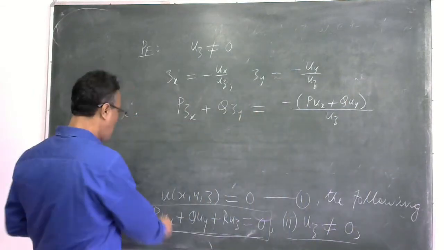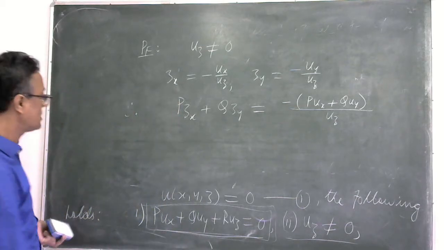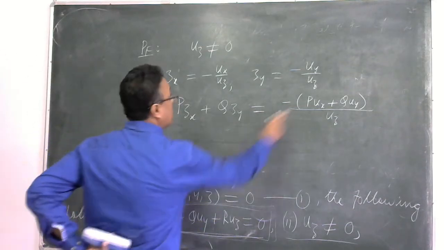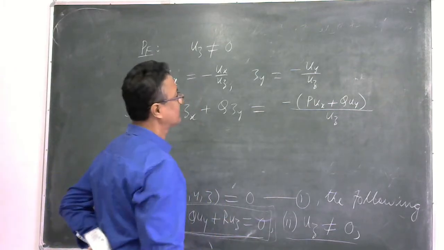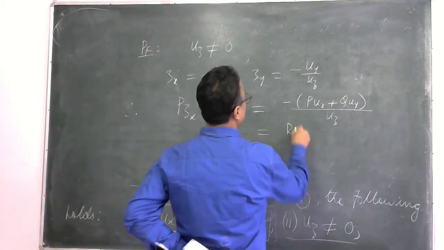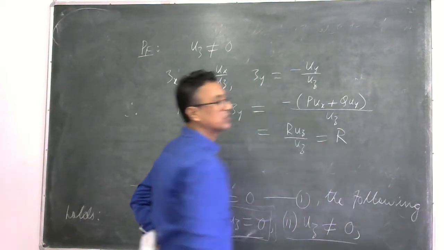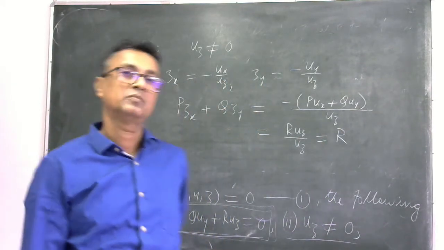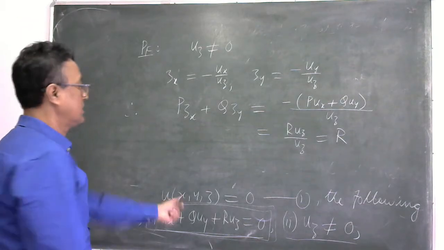And we have already been given this condition, and from this condition, minus of this is simply R u_z, so this is equal to R u_z by u_z, which is equal to R. So that proves the theorem. Okay, fine. So this is done.